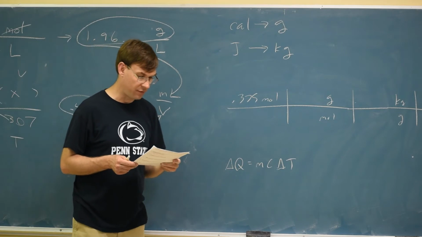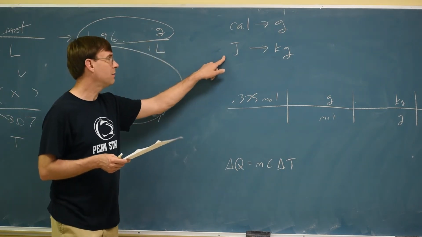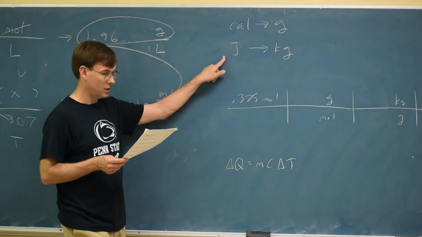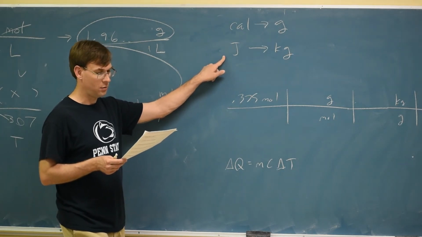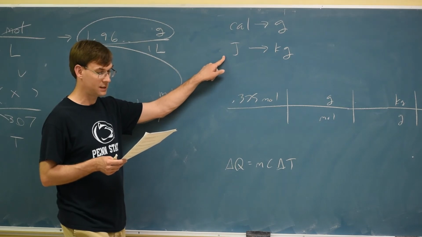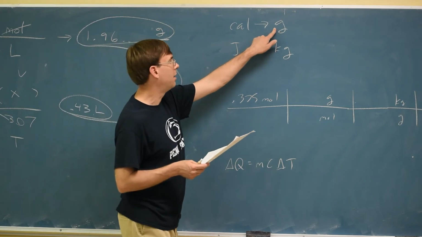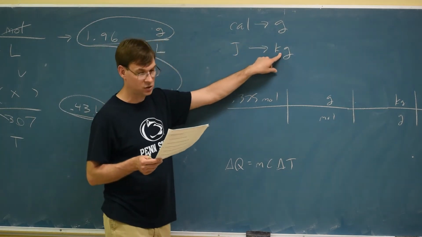For 144, I have grams, and I'm trying to get to joules. Grams can't get me to joules. So I'm going to do a 476. I would have to turn the grams into kilograms to get this started.